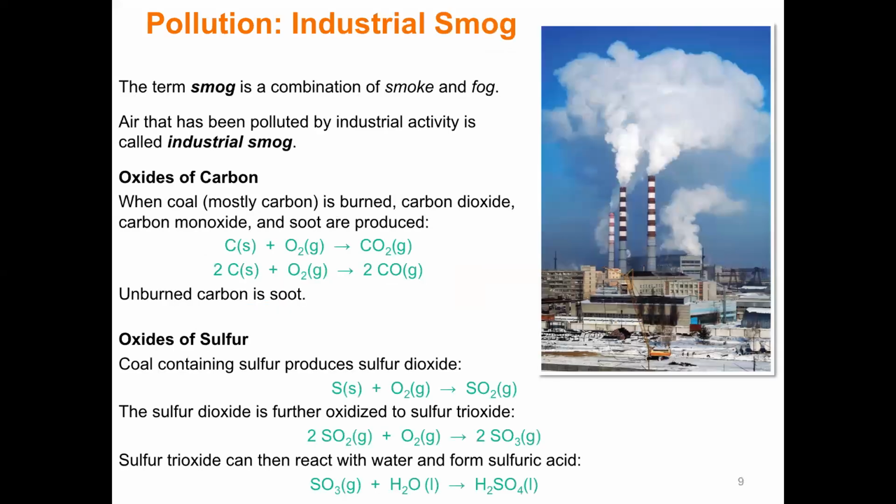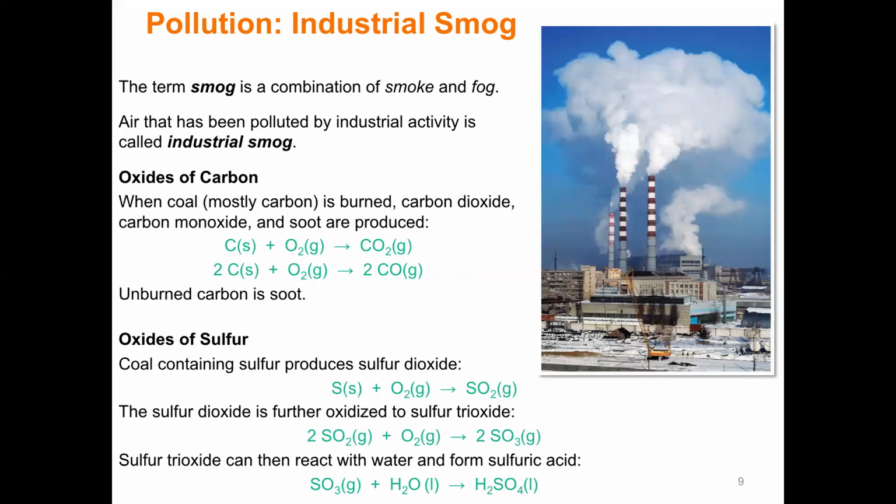Now when it comes to pollution, we divide up the different types of smog: industrial smog and photochemical smog. And there's a little bit of overlap, of course. But in general, I'm going to put a couple of rules to think about. Industrial smog is produced by industrial activity, and here we have oxides of carbon and sulfur.